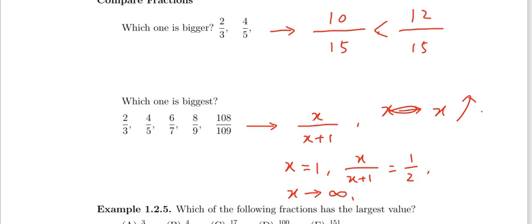For example, x is 1000, so 1000 plus 1 and 1000 have almost no difference, right? So those numbers will be close to 1. So from half to 1, this increases, right? So we know those numbers just increase. So this one is the biggest.